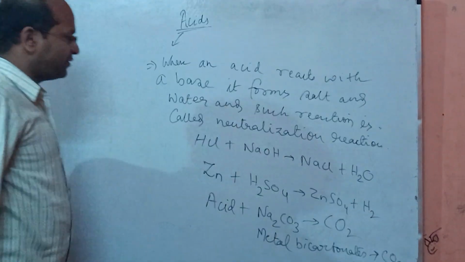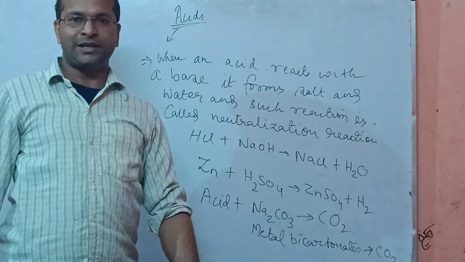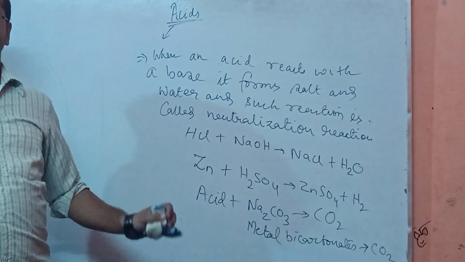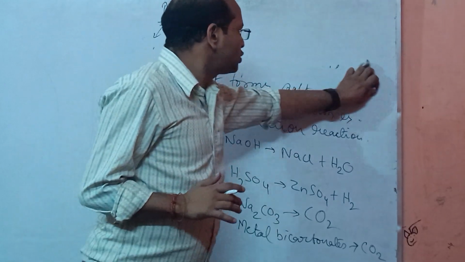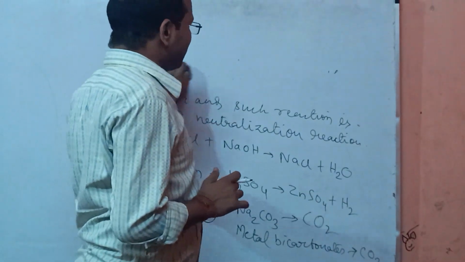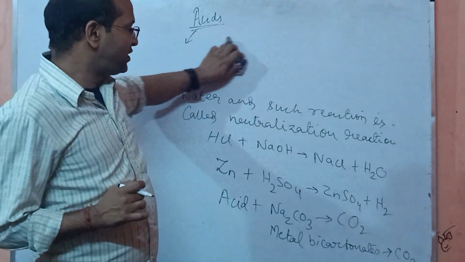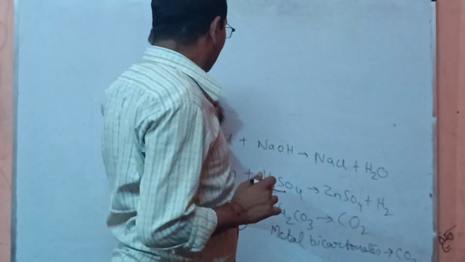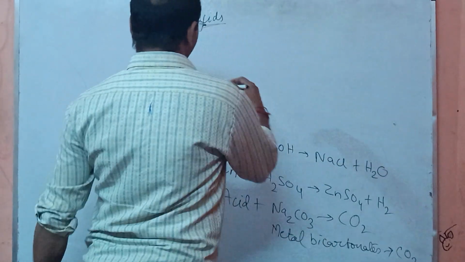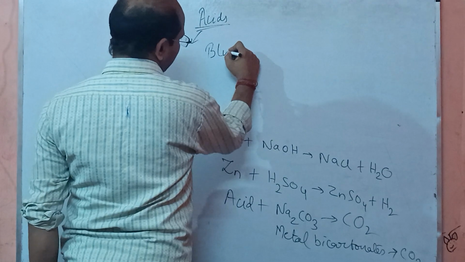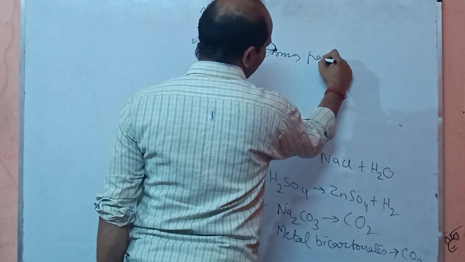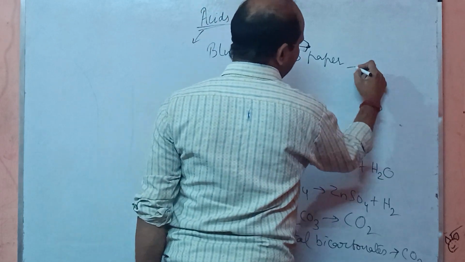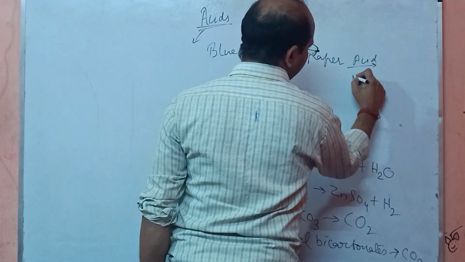Now if there is acid, how can we know whether the substance is acidic or basic? By the help of indicators. Indicators are the substances which tell whether a substance is acidic or basic. Suppose you take blue litmus paper, this blue litmus paper in presence of acid will turn red.